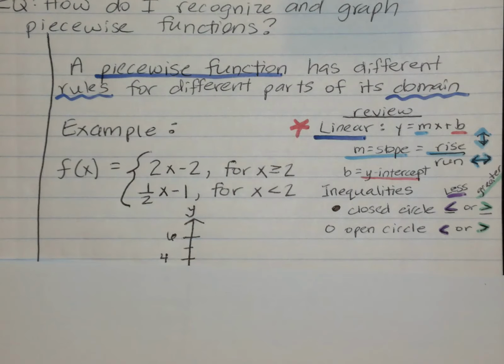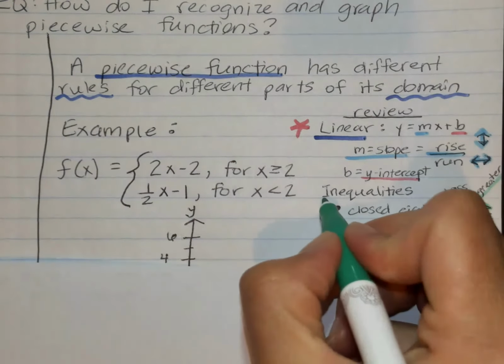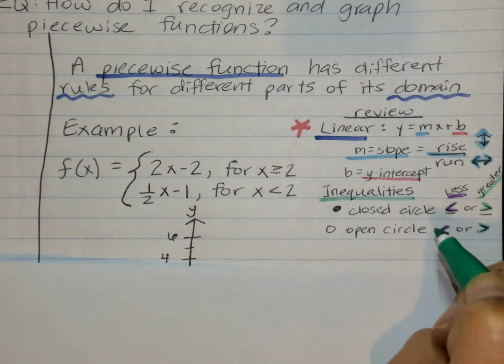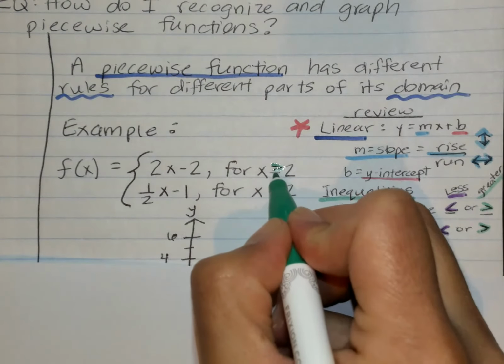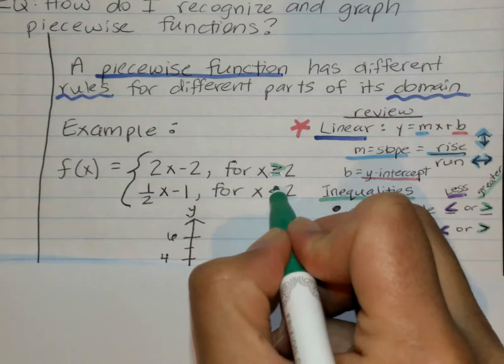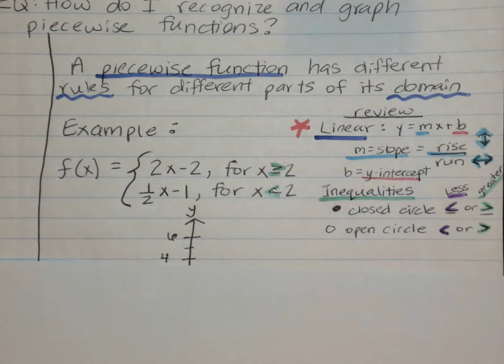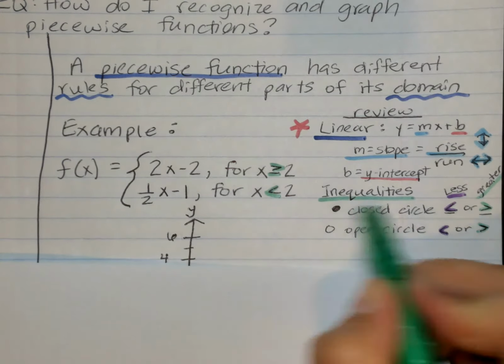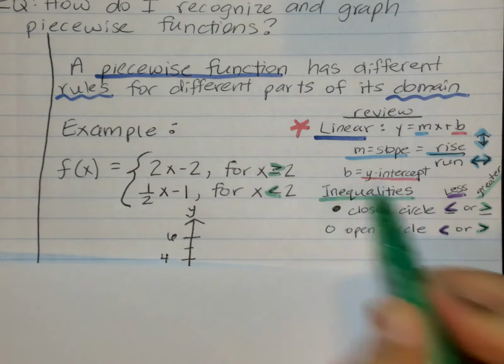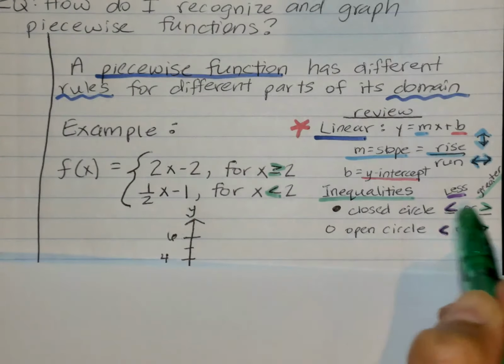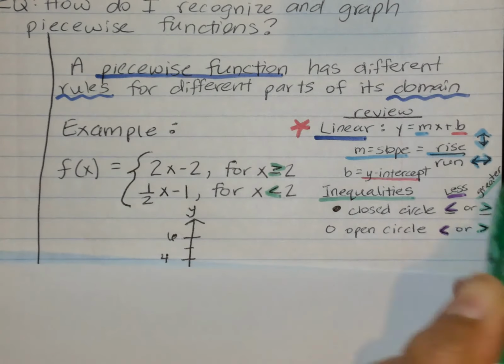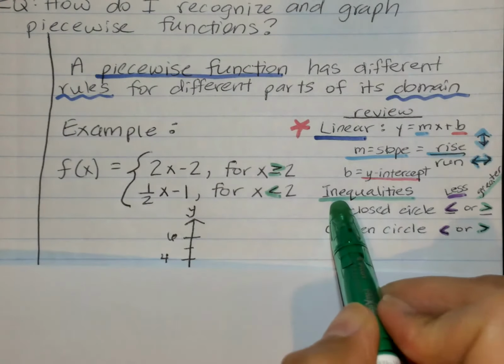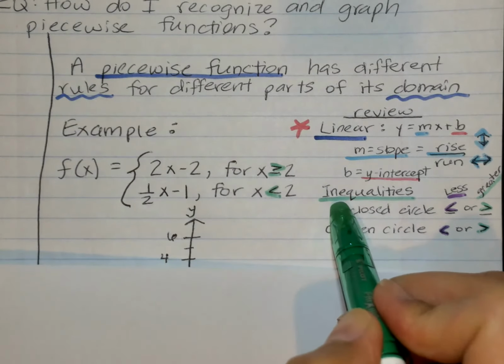Then I also wanted to review real quick what the inequality symbols mean, because we haven't really dealt with them much at all. The inequalities are these symbols right here, the greater than or equal to, or this less than. You would use a closed circle on the graph, like you fill it in, if it has the equal to sign underneath. That would be the end point.